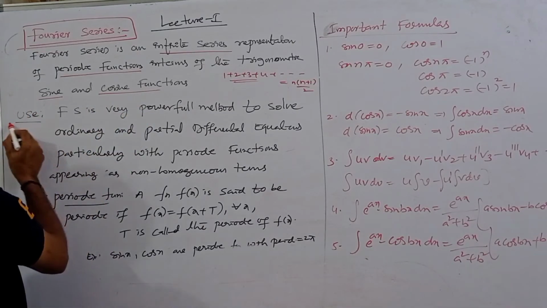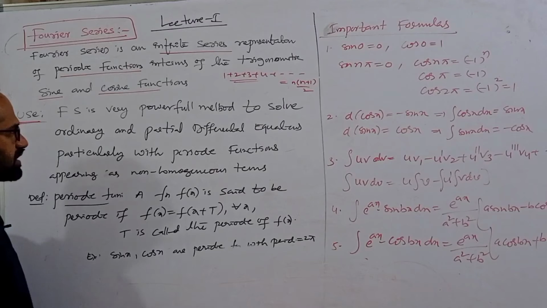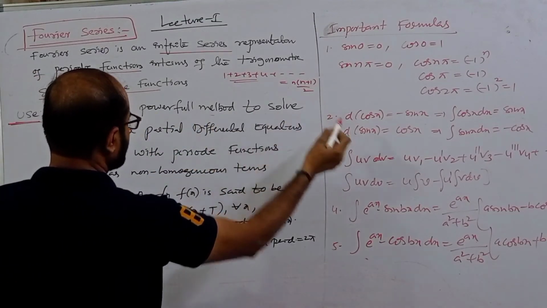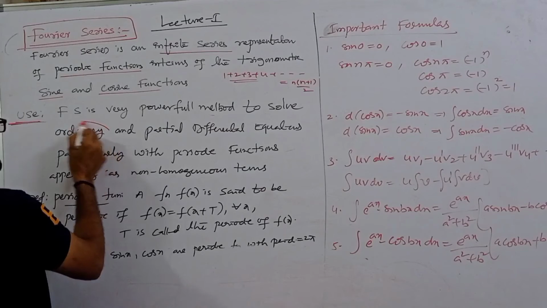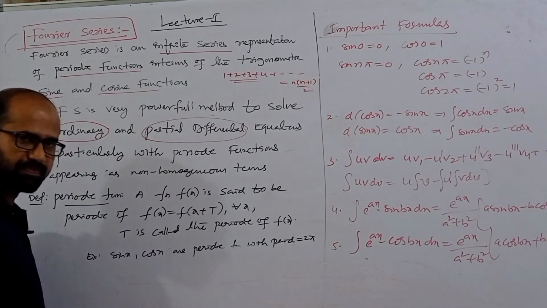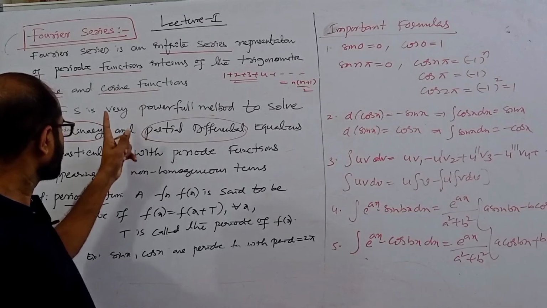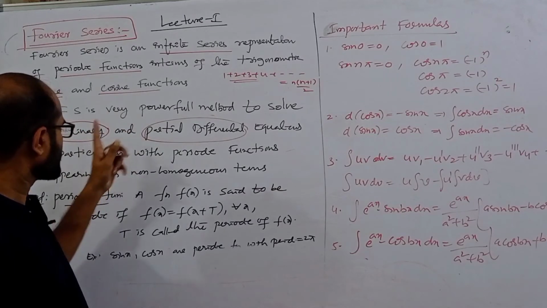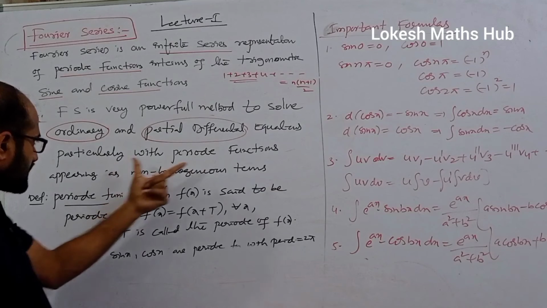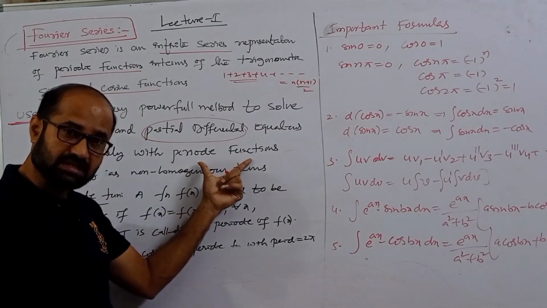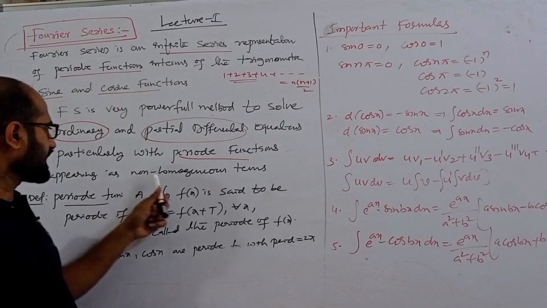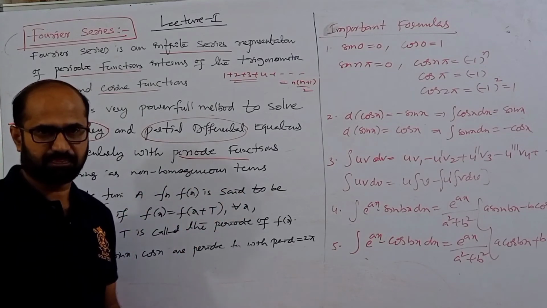Now, what is the use of this Fourier series? Fourier series is a very powerful method to solve ordinary and partial differential equations. So by using Fourier series we can solve ordinary and partial differential equations, particularly with periodic functions appearing as non-homogeneous terms.